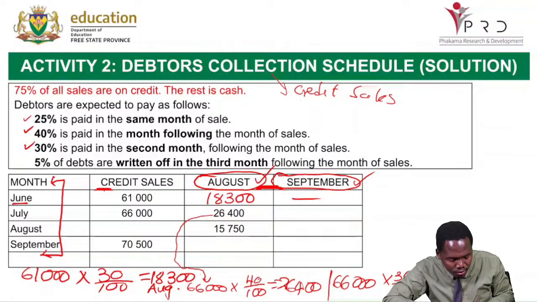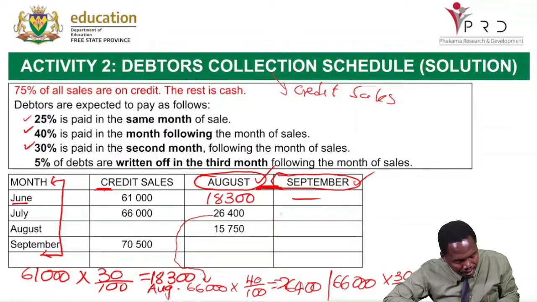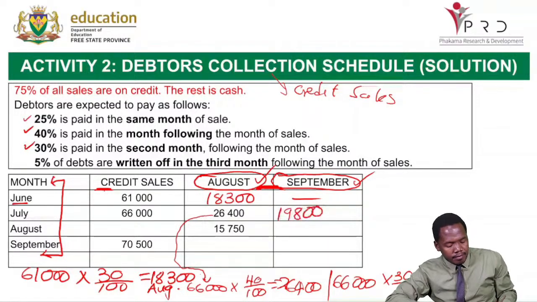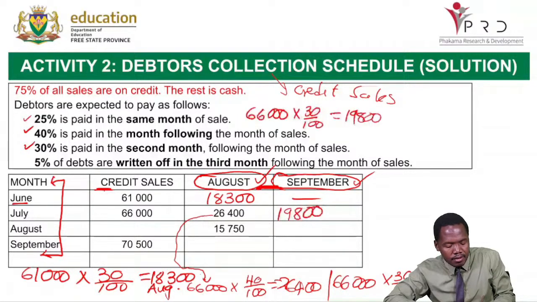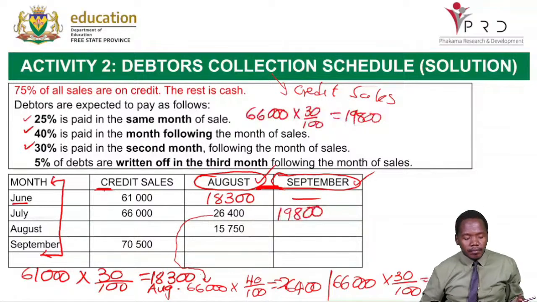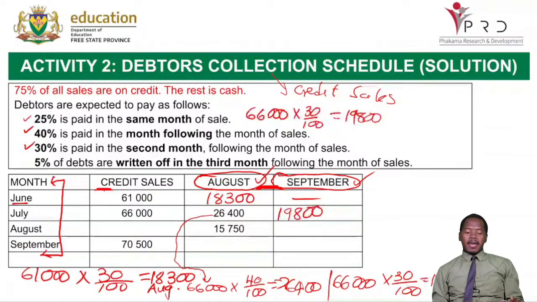Then we get an answer of 19,800. That is 66,000 multiplied by 30 over 100, which is 19,800. After collecting 30, we can't record the bad debts. They are not part of our main columns that we have.